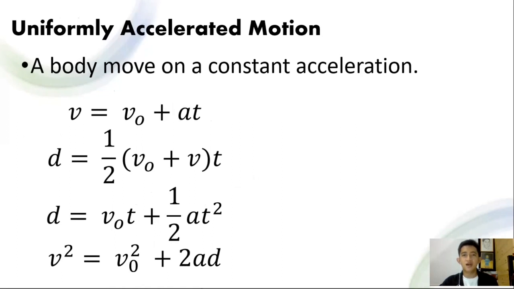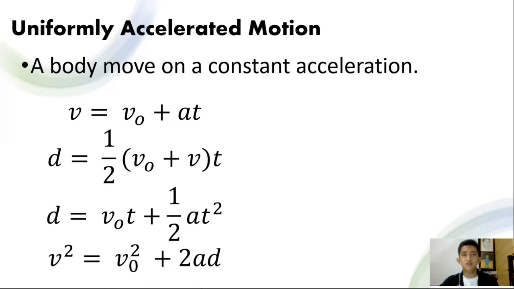The average acceleration equals the instantaneous acceleration when the acceleration is constant. A negative acceleration can indicate either of these two conditions. Number one, the object has decreasing velocity in the positive direction. Number two, the object has an increasing velocity in the negative direction.